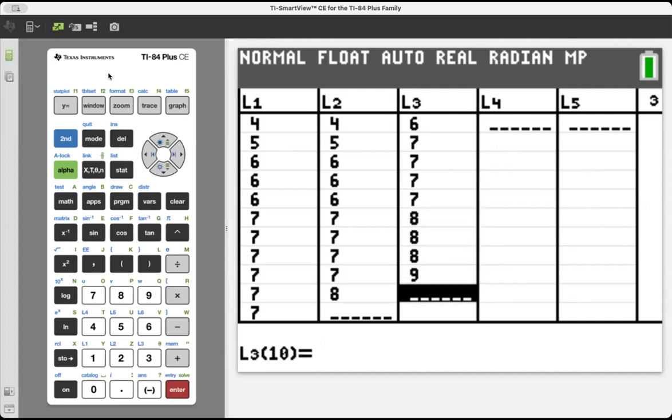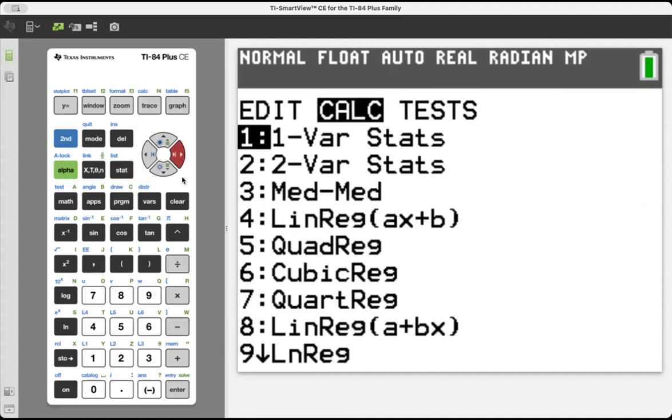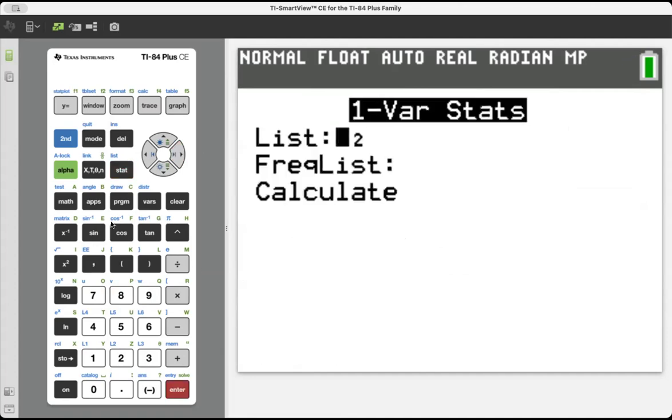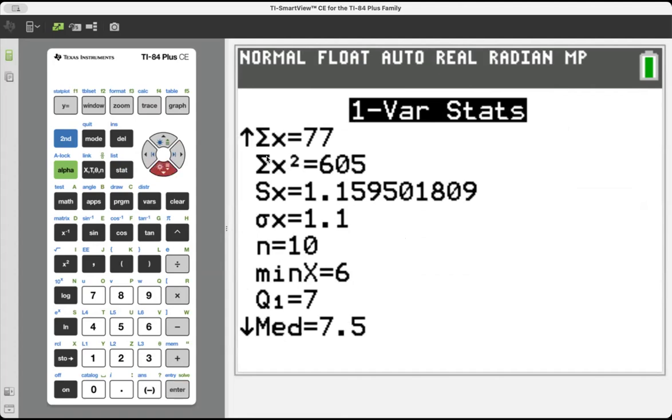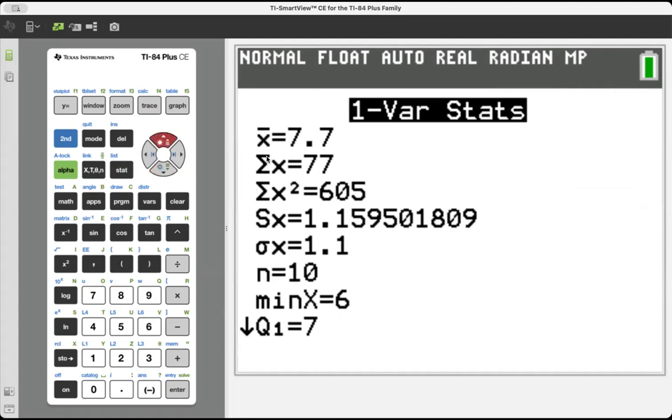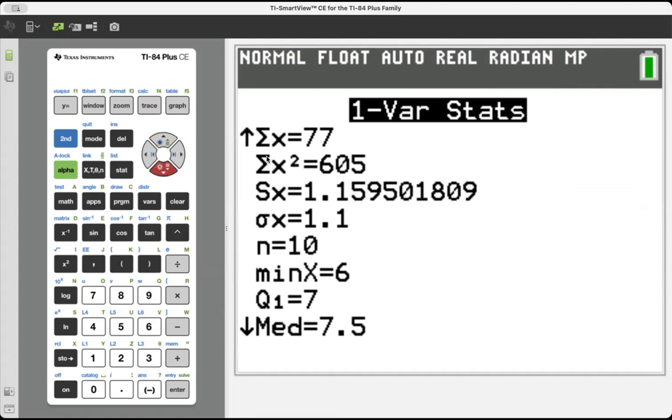Then 8, 8, 9, and 10. So calculating the mean and the median: stat, calc, number 1, use L3. The mean, 7.7, and scrolling down to find the median, 7.5. So 7.7 for the mean, 7.5 for the median, and 7 for the mode.